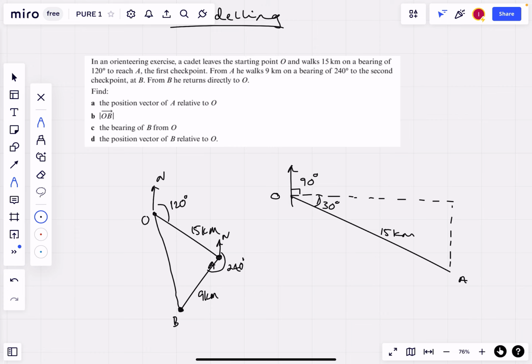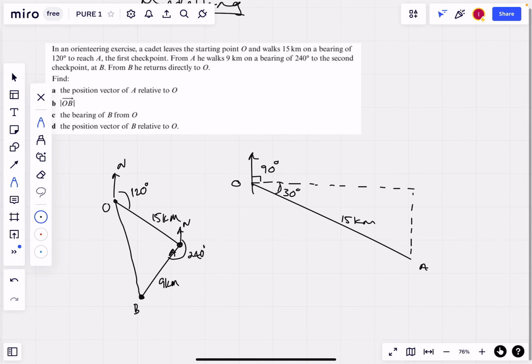To express the horizontal component, this line here, I'm going to do 15 cos 30 degrees. I'm using cos because I'm adjacent to my angle. I've got the hypotenuse, 15, and the angle, 30.